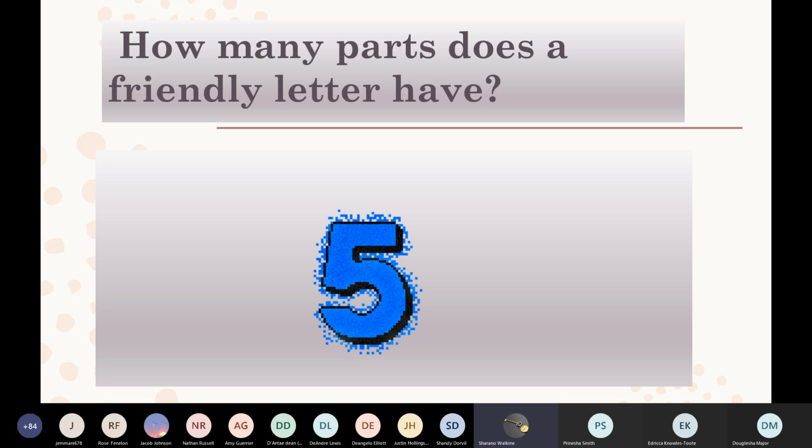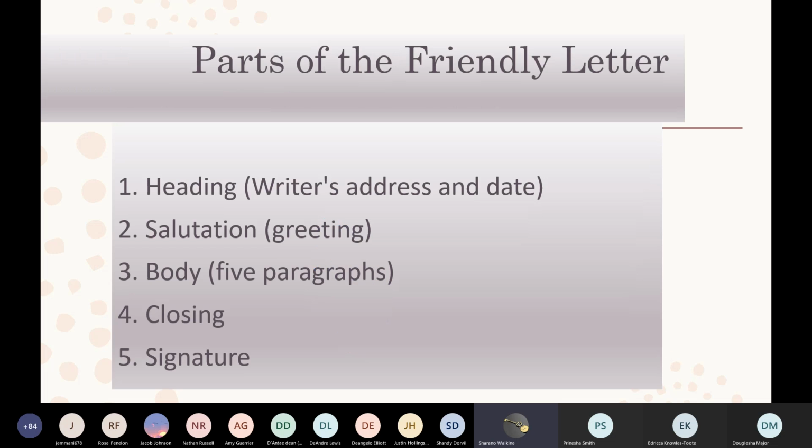Okay, now we established this already. Good job, guys. We're on fire. We also talked about this, so I don't want us to spend too much time on the friendly letter. So we have the heading, the salutation or greeting, and in the heading you would put the writer's address and date. Remember, how would we start the heading?